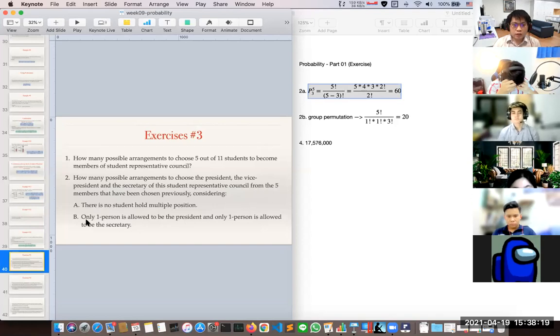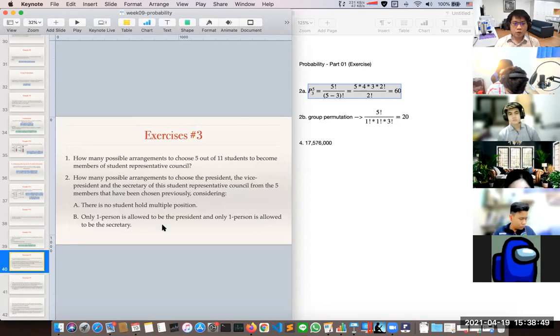So the second question, for 2B, what if only one person is allowed to be the president and only one person is allowed to be the secretary? So there comes another question. What if, presumably, the other 3 students can become the vice president? Sometimes it's possible for the vice presidents to be held by multiple persons, right?